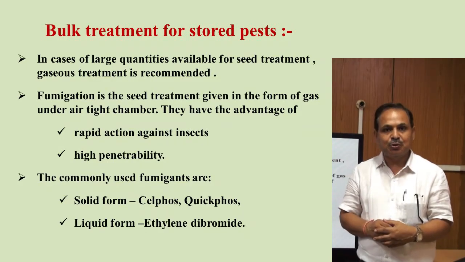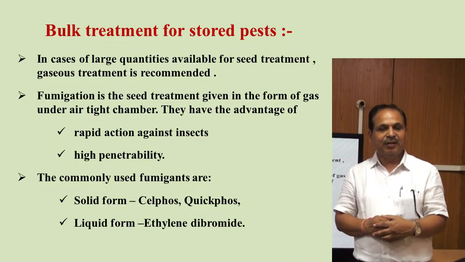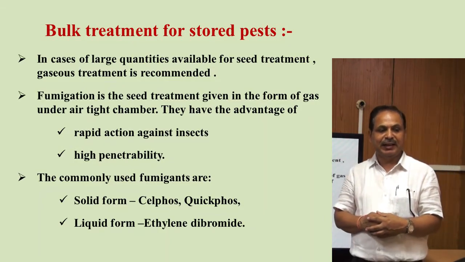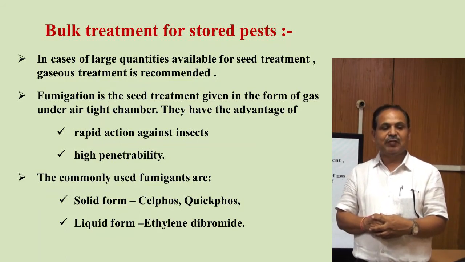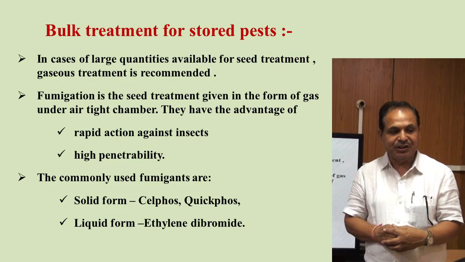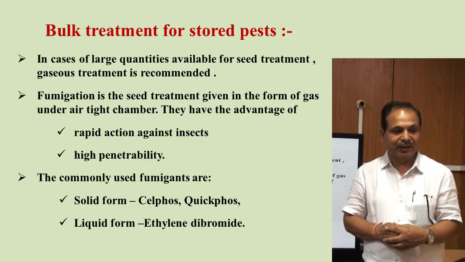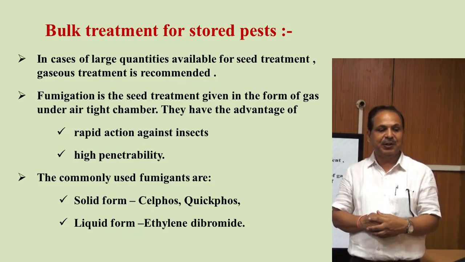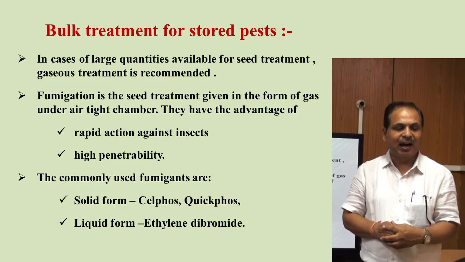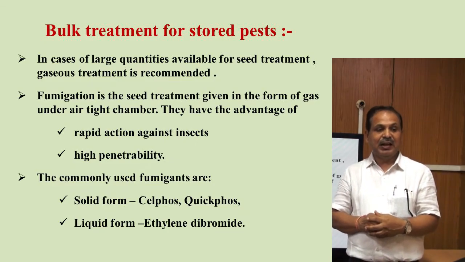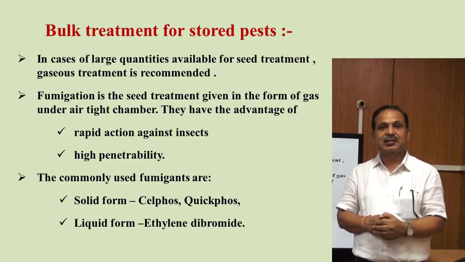When we store the seed in bulk, there are difficulties, because a large quantity of seeds has to be treated. In that case, gaseous treatment is recommended. Gaseous treatment means fumigation. Fumigation is the treatment given in the form of gas in an airtight chamber. It has the advantage of rapid action against insects.